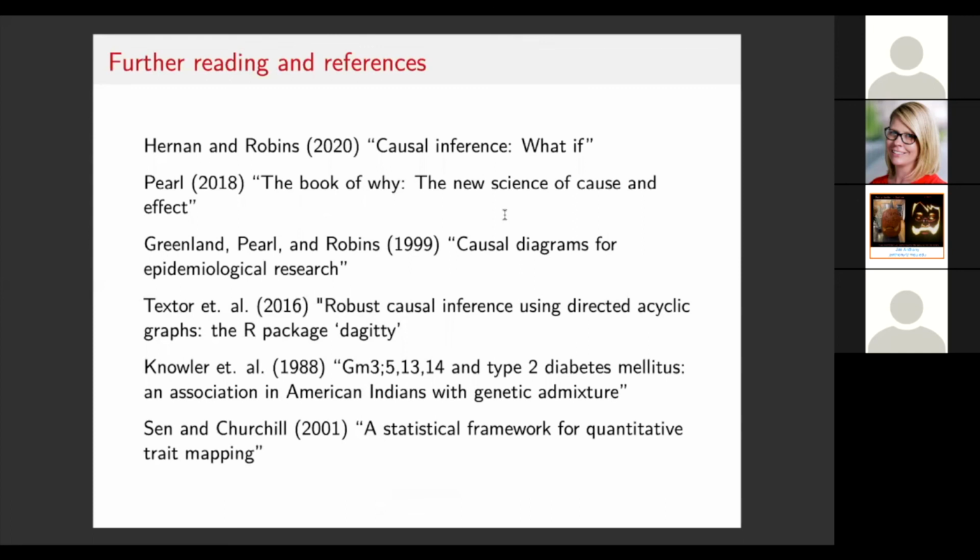Quick note on further reading and references. Most of the material in this presentation was gleaned from this book by Hernan and Robins, Causal Inference. I think it can be enjoyed at different levels, and Miguel Hernan is a great writer.